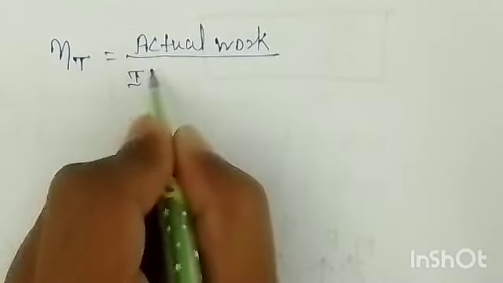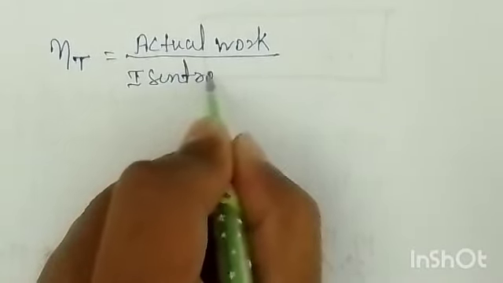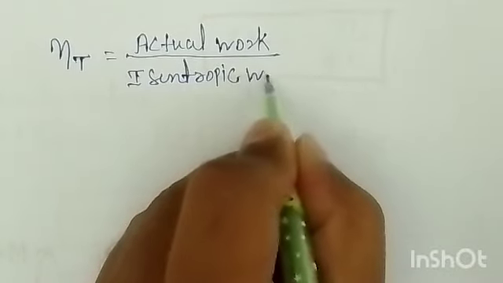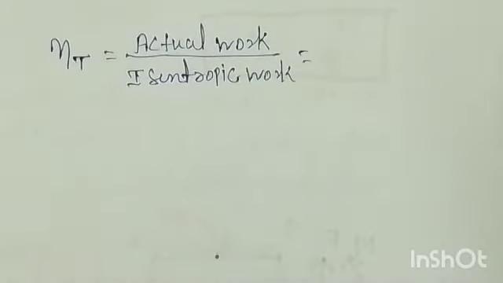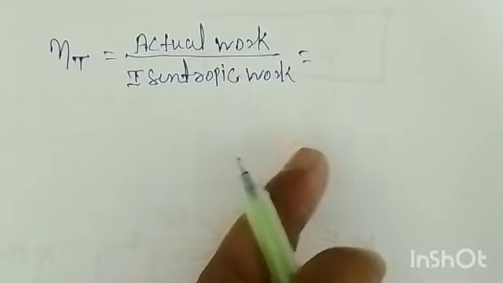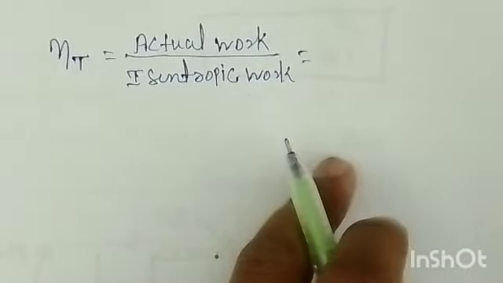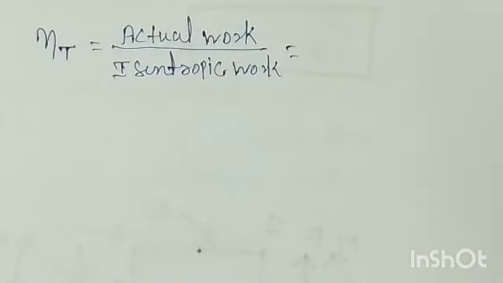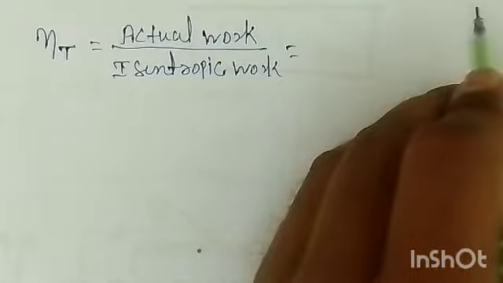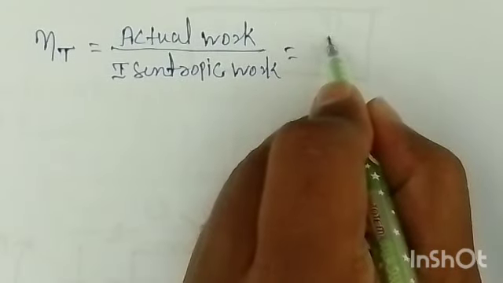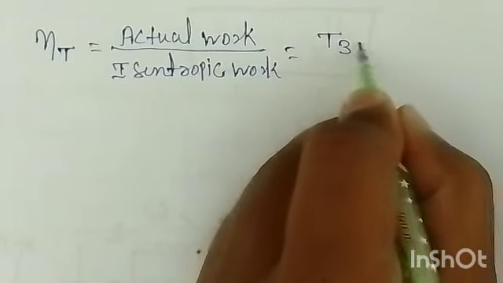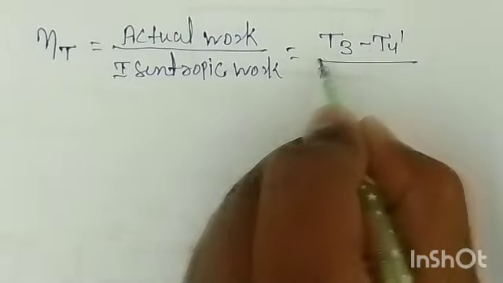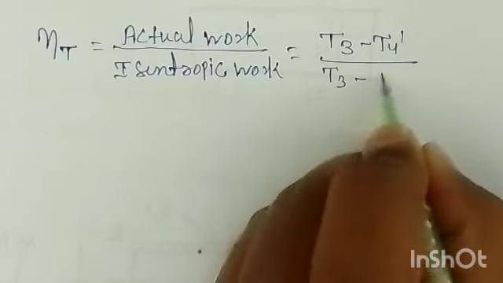Work is in terms of m Cp, T3 minus T4 dash by T3 minus T4, or you can say H3 minus H4 dash by H3 minus H4, and H is a function of temperature, as you know from the basics of thermodynamics. So here it is T3 minus T4 dash by T3 minus T4.